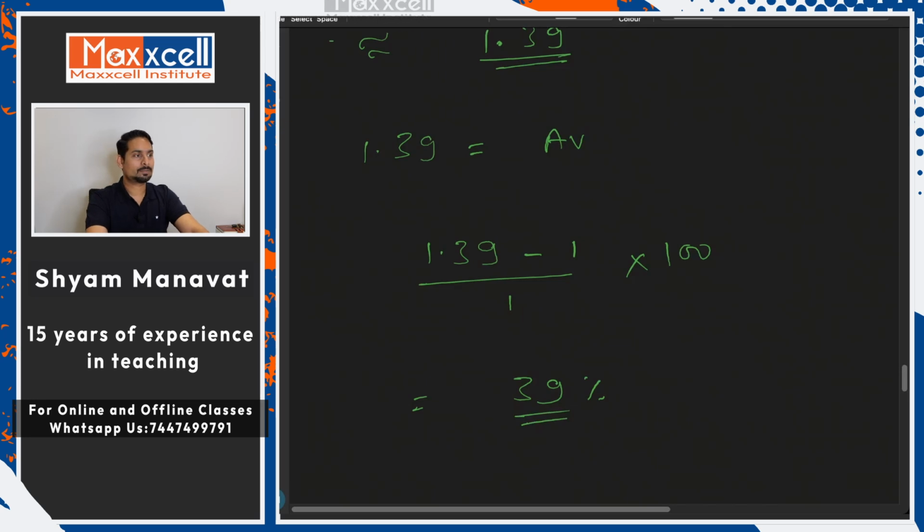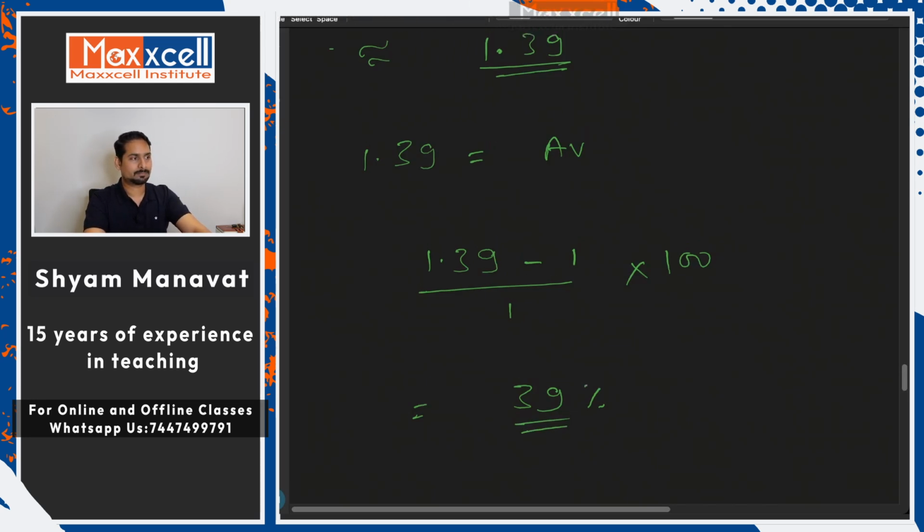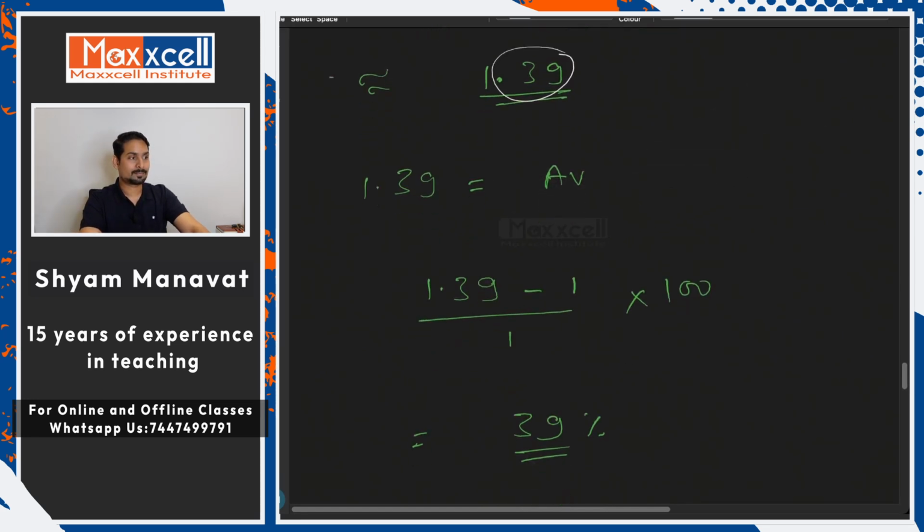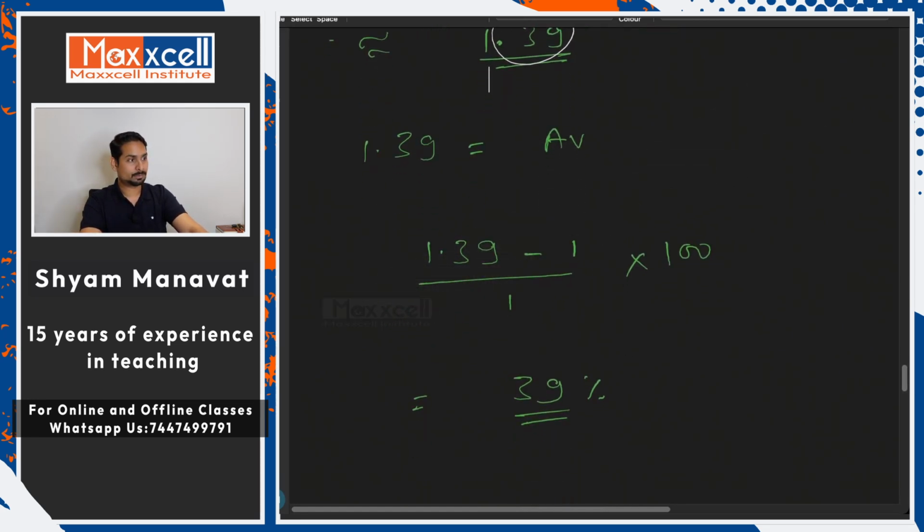So when you solve in the exam and get this answer, the two digits after the decimal are the percentage by which it is increasing, because when you consider the population to be 1, the increase is the value minus 1, divided by 1, into 100, right? 39%. This is the average percentage increase.